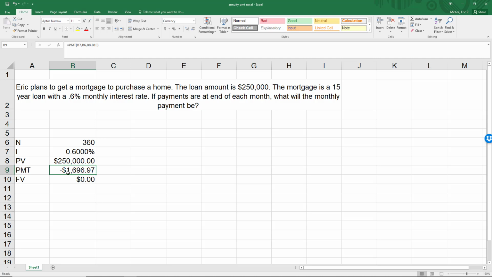So in that case, you would have to convert your interest rate to the right interest rate and then put things in here to solve for your payment. But assuming you've done the interest rate conversion, you will then be able to find any payment for the annuities that your professor throws at you.